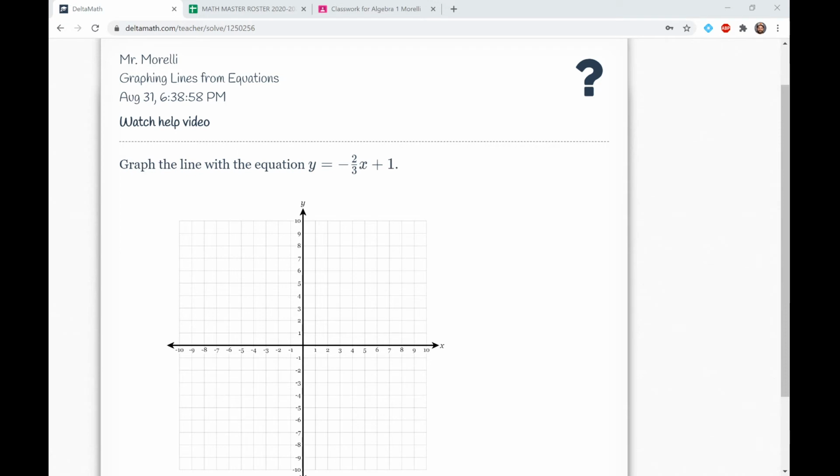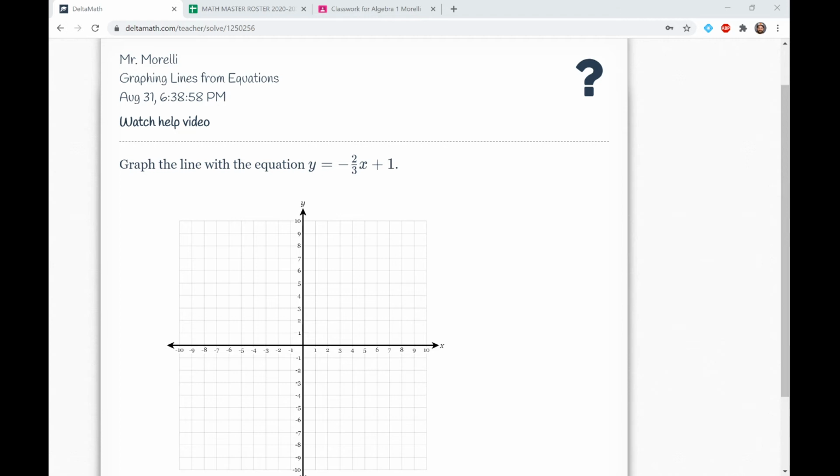Now we look at the slope. The slope is negative 2 over 3. What this means is, because it's negative, you're going to go down 2 over 3.